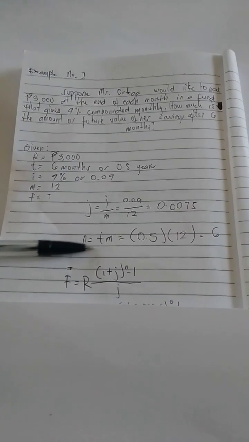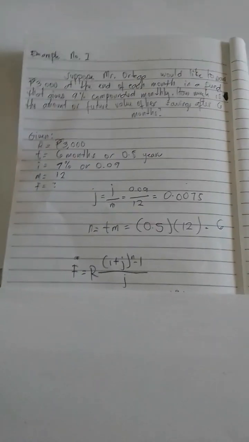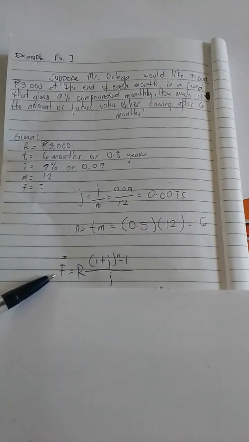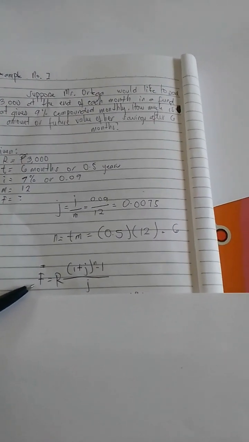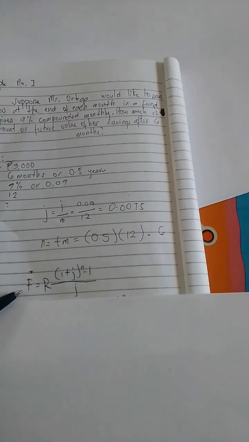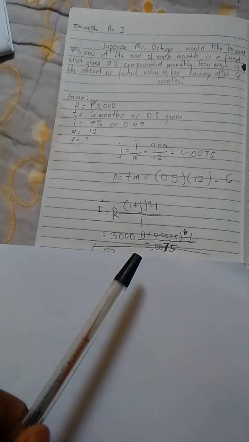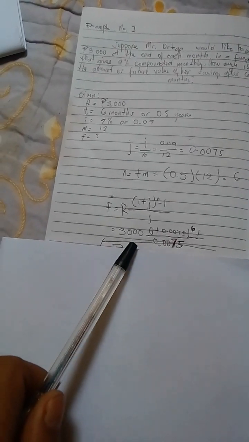So let's find the future value. This is the formula for getting the future value: F is equal to R times 1 plus j raised to n minus 1 over j. We need to compute this.